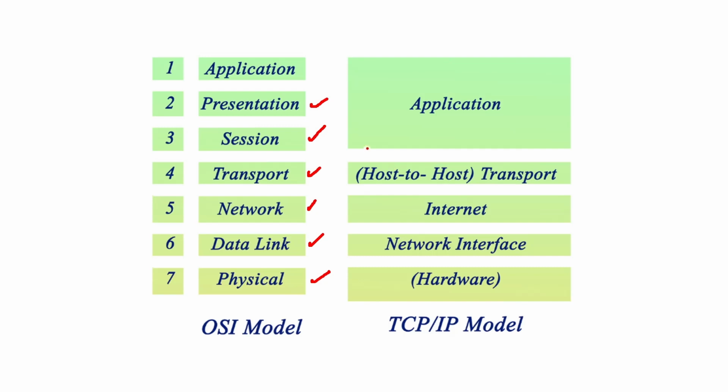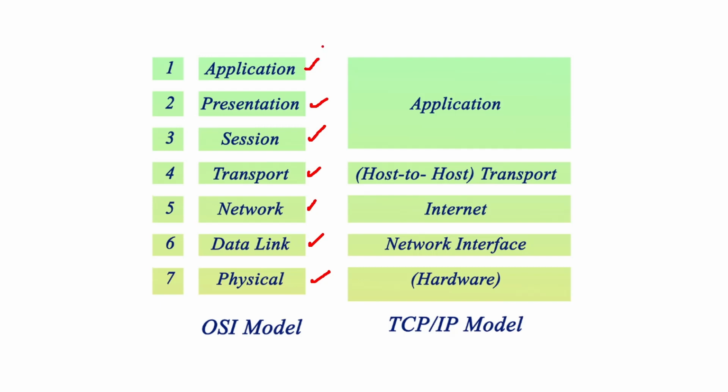At layer 2, we have the presentation layer. At this layer, encryption, decryption, compression, and decompression are all taken care of. At layer 1, we have the application layer. Whatever data has come from the physical layer up to the presentation layer, the application layer is the one which processes the data.